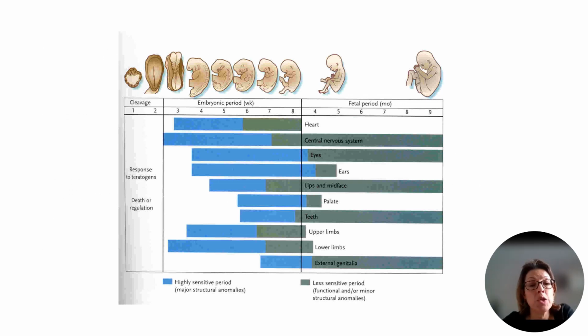This is a pictorial representation of the period where fetal development and structural development are very sensitive, and that's depicted by the blue bars, and less sensitive periods where perhaps functional development is more at stake, as opposed to anatomical development, is depicted by the grey-greeny shades of the bars.